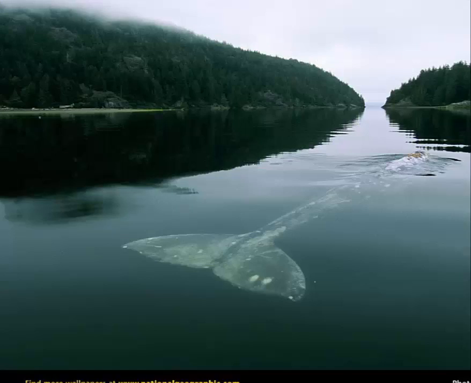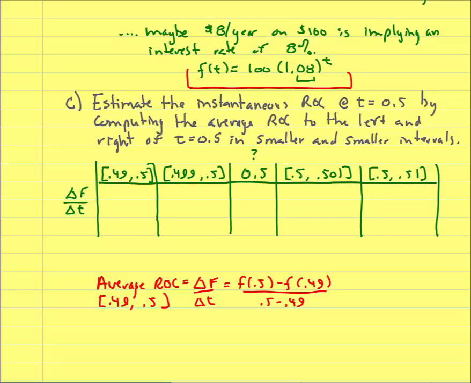So to find my solution here, I would plug that into my original function. So this would equal 100(1.08)^0.5 minus 100(1.08)^0.49. And this is all over the difference. 0.5 minus 0.49 is 0.01.